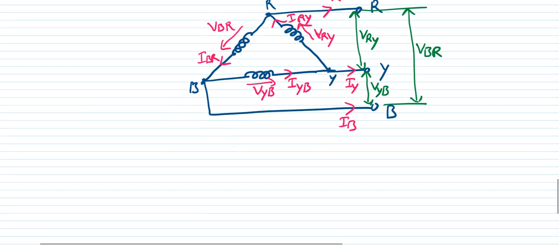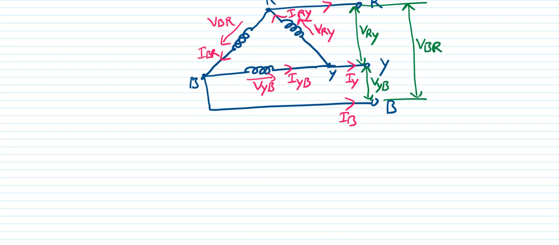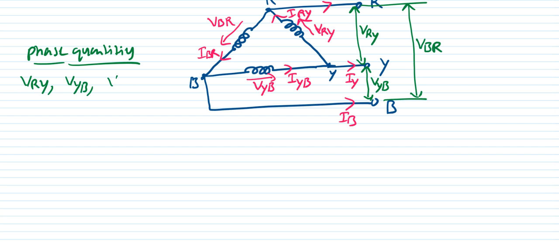Similar quantities, again, you can define as the phase quantities and the line quantities. The phase quantities are VRY, VYB and VBR, the phase voltages in each winding, and IRY, IYB and IBR are the phase currents.